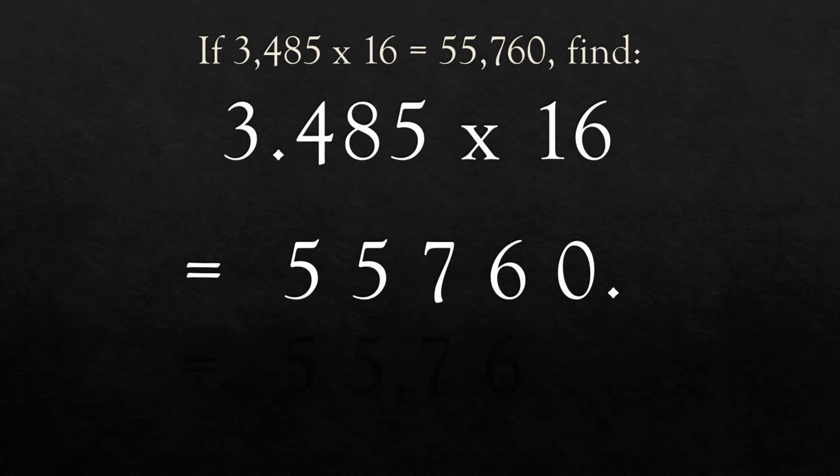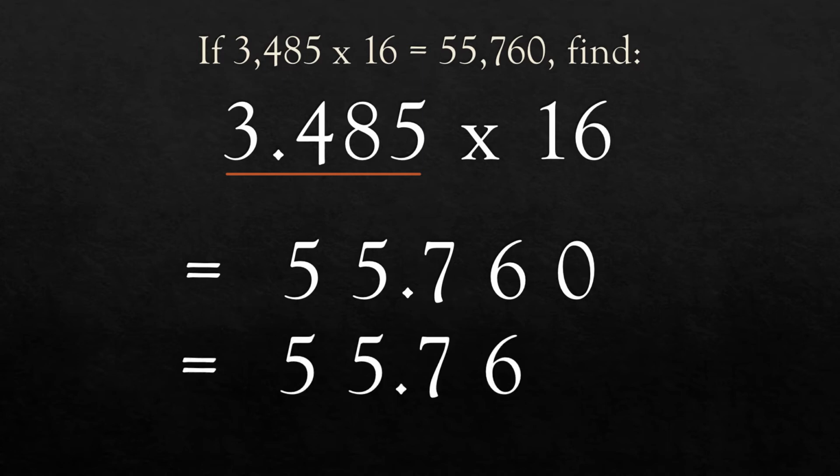But the position of the decimal point is changed. Now tell me, how many digits after decimal in 3.485? Yes, 3 digits. So count 3 digits from the right. 1, 2, 3. And place the decimal in the product. So the answer is 55.760. That is 55.76.